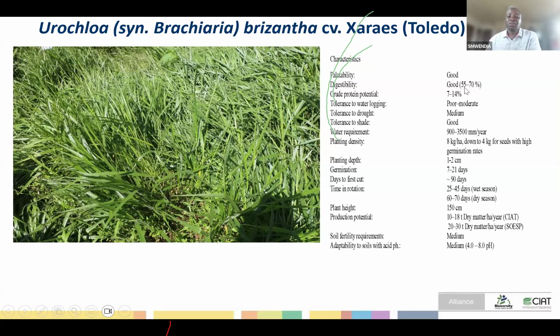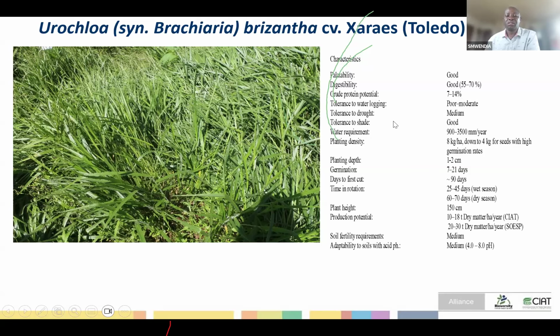It has good digestibility that can go up to 70%, largely governed again by the stage at which you harvest. If you harvest too late, the digestibility will be going down. And the crude protein, also governed by when you harvest, can go up to 14%, which is good.